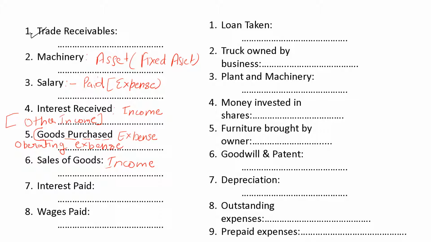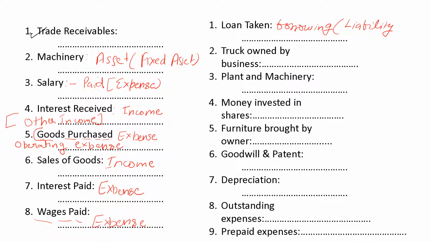Interest paid is an expense to the business. Wages paid to the worker is also an expense to the business. Loan taken: we have taken some money, so this is a borrowing, and we have an obligation to pay back. So that's why we'll term this as a liability.